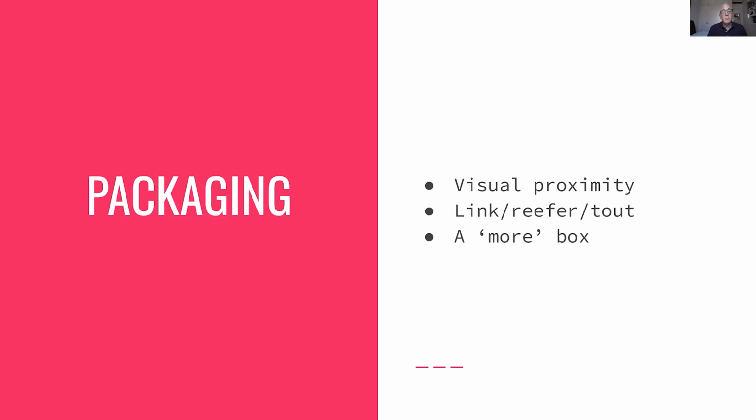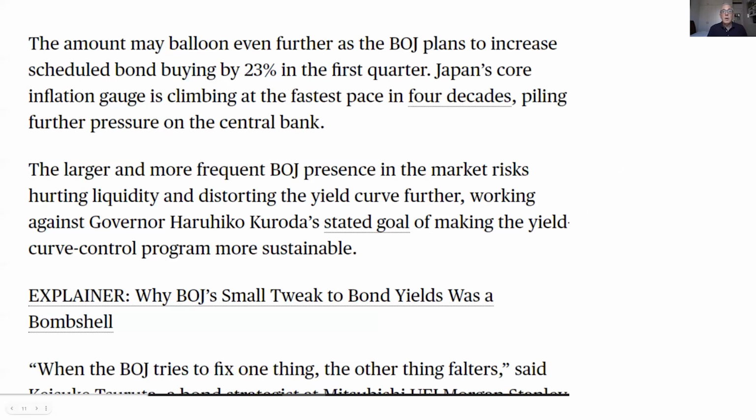An explainer can still run right next to the news story, or they can be connected through a link. In the video this week with Lisa Beyer, she used this example of a news story linking to an explainer through what's called a refer by some, a tout by others, or just a link. There can be more elaborate ways of guiding readers to explainers.